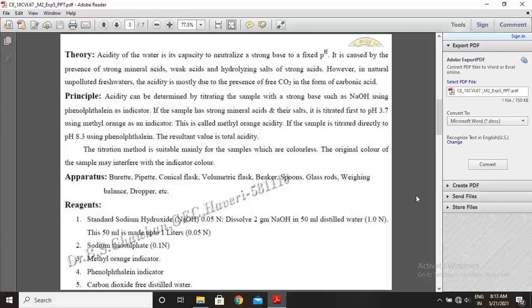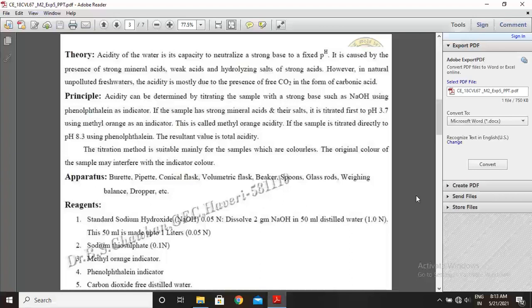If the sample has strong mineral acids and their salts, it is treated first to pH 3.7 using methyl orange as an indicator. This is called methyl orange acidity. If the sample is treated directly to pH 8.3 using phenolphthalein, the resultant value is total acidity.